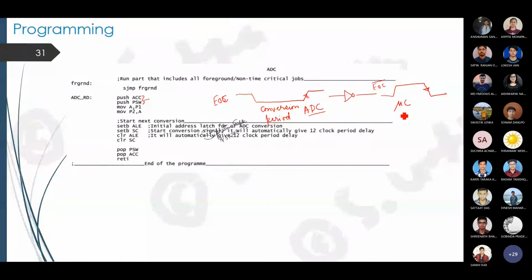Yes, sir. Okay. And so we can read that one. So read ADC. And then this is a pass-through example. So what does this mean?